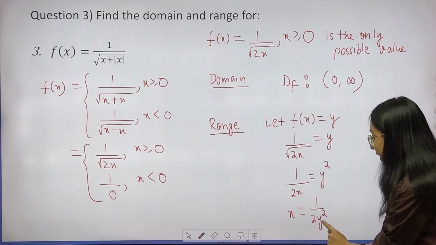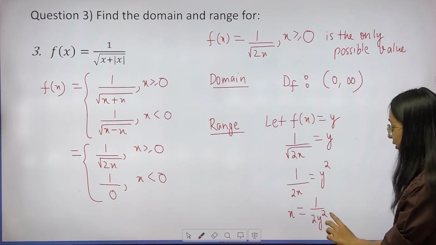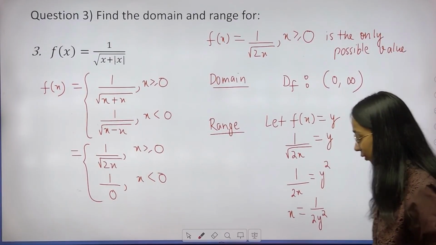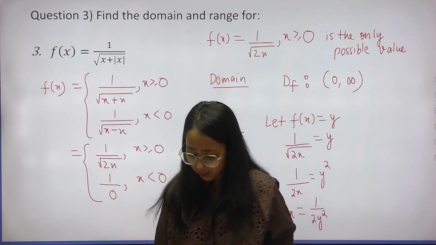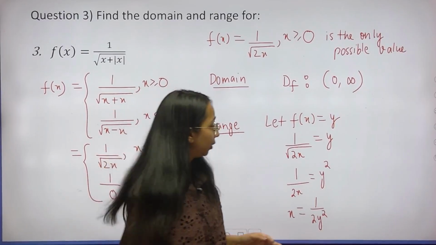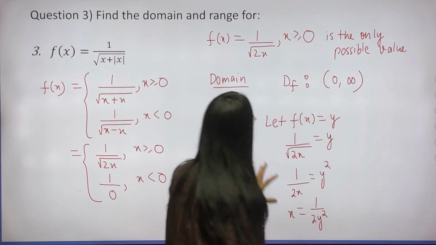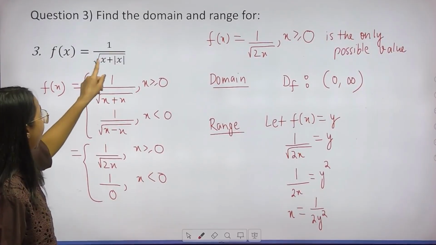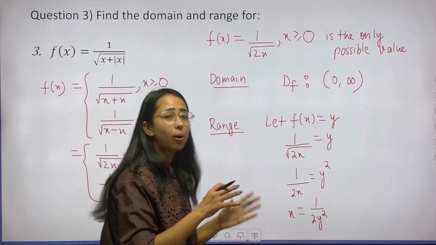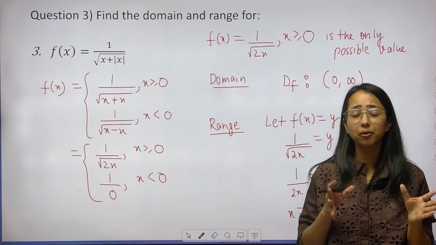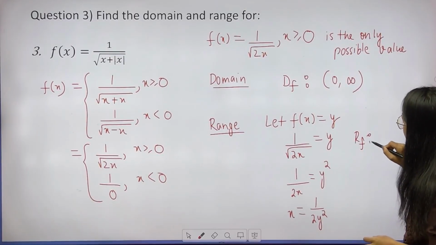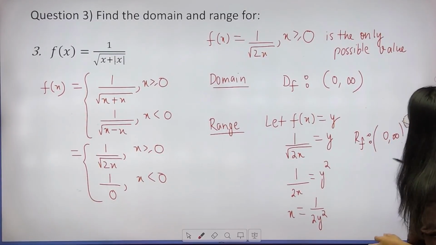Clearly, other than 0, y can be any real number, but we also need to make sure that y is a root, so it will only be a positive real number. So your range becomes 0 till infinity only.